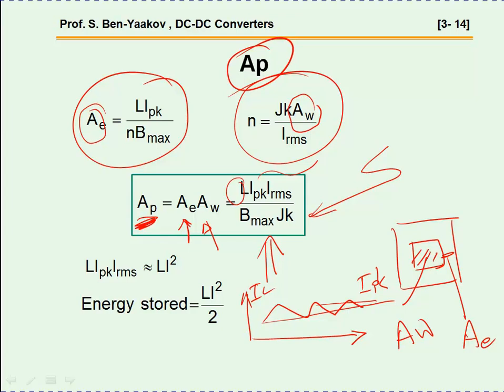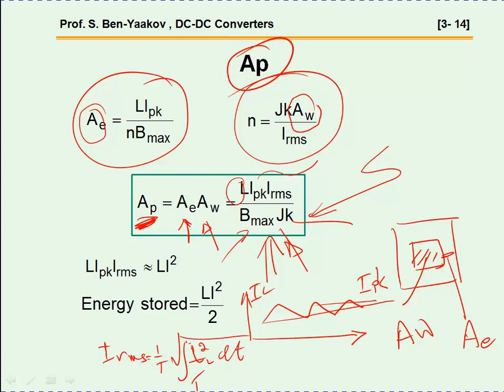It's not average; I'm talking about RMS, which is IRMS equals the square root of 1 over T times the integral of I_L squared dt over the period T. Now, if we look at this, the equation contains B maximum, which we have set, the J, and the fill factor.